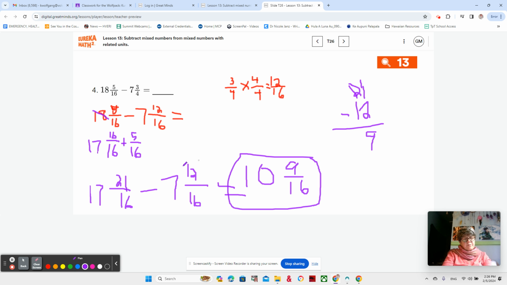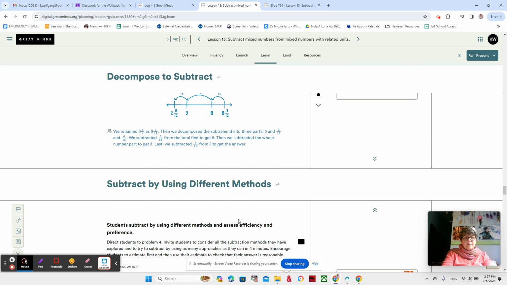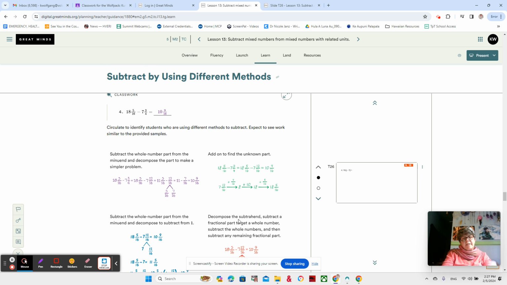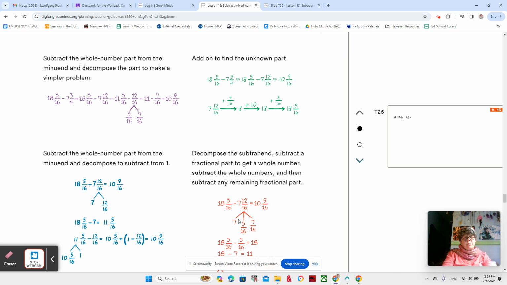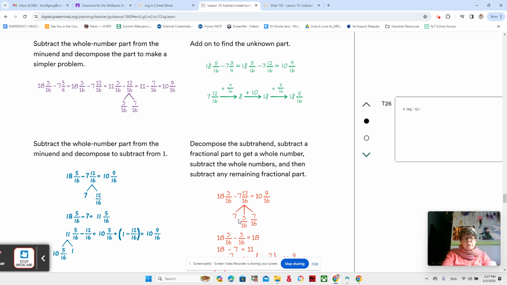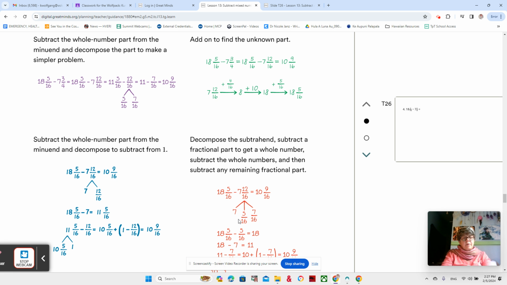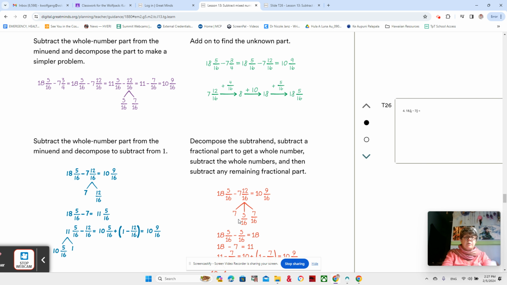And of course, as we said in the last one, make sure you have this written down, right? We have a lot of different ways that we could do that. I want you to think about which one you think is the most efficient. Which one would you like to use, including the borrowing method that I just showed you, right?